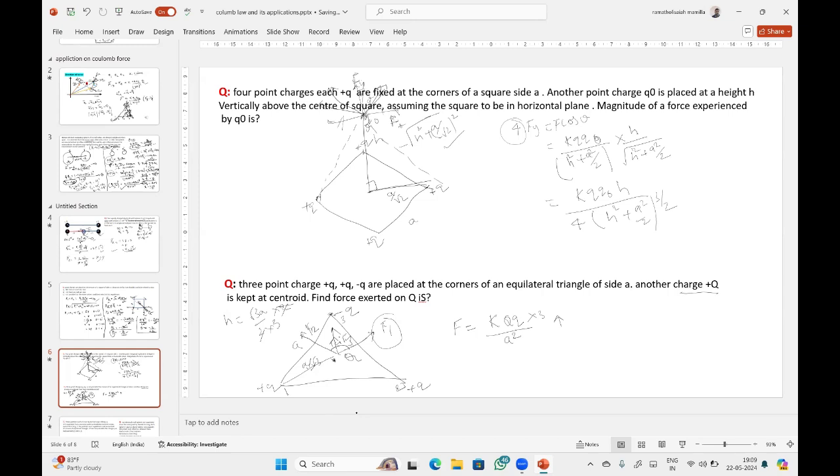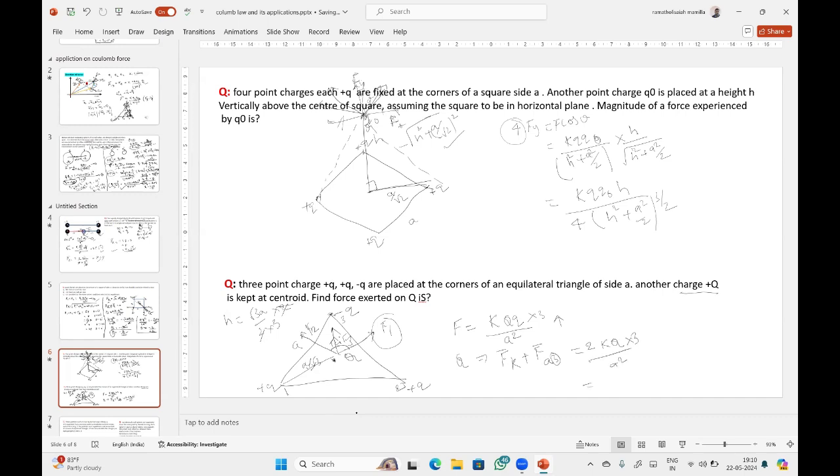Therefore, the total force on Q is F resultant plus the attractive force F by the third charge. Both are in the same direction, so both will be added, and the force is the same. That is equal to 2 times the force, K Q into Q into 3 by a square.